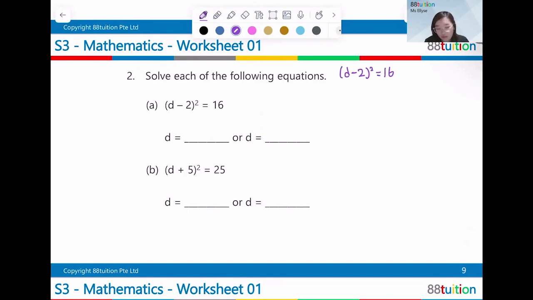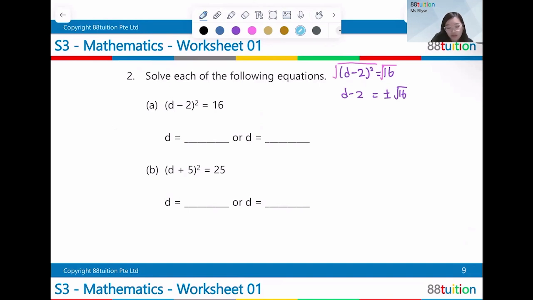So you see the square there. d is inside a square. So what you do is you just square root both sides. If you square root both sides, it'll be something like this. The square root and the square cancel, so you get rid of the square already. Here you square root 16, but actually it is a plus minus. Why plus minus?